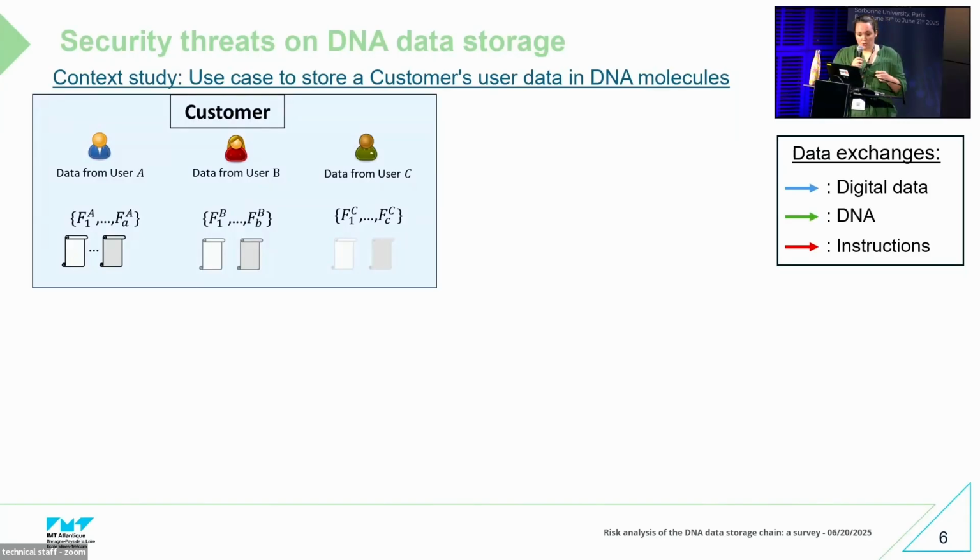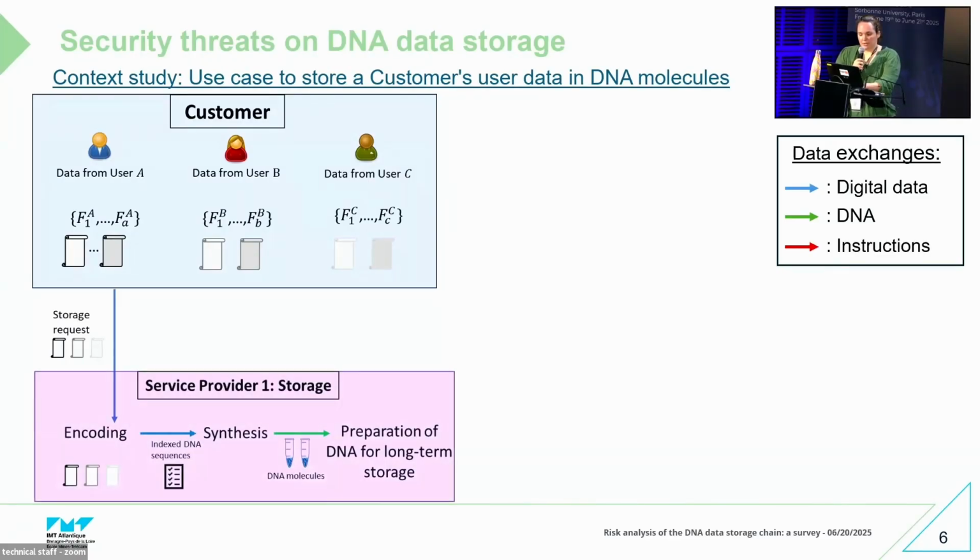In this use case that I will show you, in blue arrows, digital data will be presented. Green arrows correspond to DNA, and red arrows correspond to reading instructions. So here's the scenario. To sum it up, when a client wishes to store their users' data, they send a request to a service provider that will encode digital data into DNA.